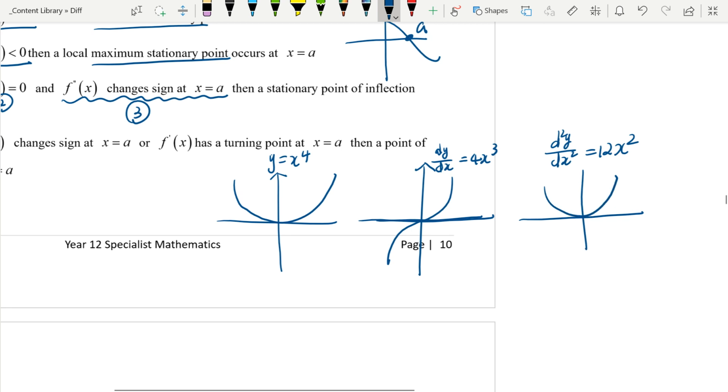Do I have first derivative equals 0 and second derivative equals 0 at 0? Yeah. Do I have a stationary point of inflection on my original graph? No. So the third condition is essential and necessary to check every time. x to the power 4 is not a stationary point of inflection. I get first derivative equals 0 and second derivative equals 0, but the second derivative doesn't change sign at 0, so it can't be a stationary point of inflection.